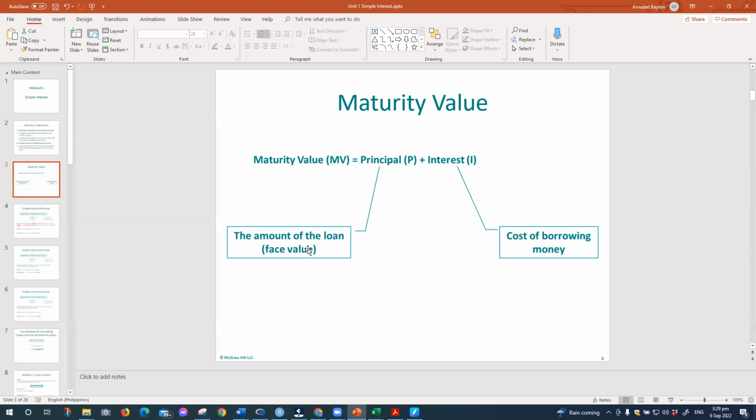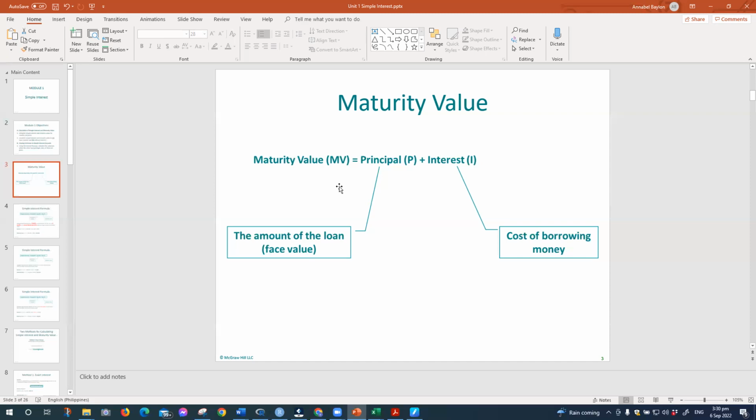Kasi dito ang nakalagay the amount of the loan, or the face value. Or this can be the amount of the investment. So it doesn't matter if nangungutang tayo or nag-i-invest tayo. We call the base amount your principal.